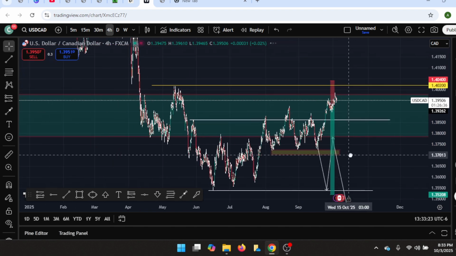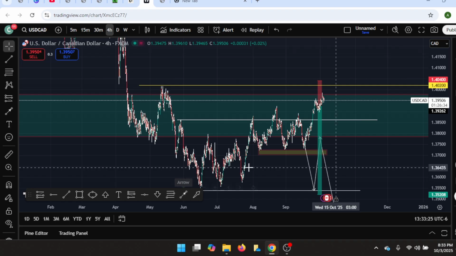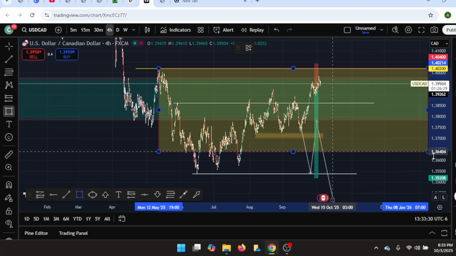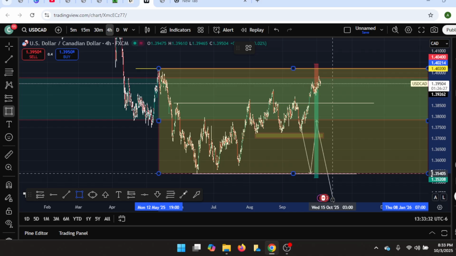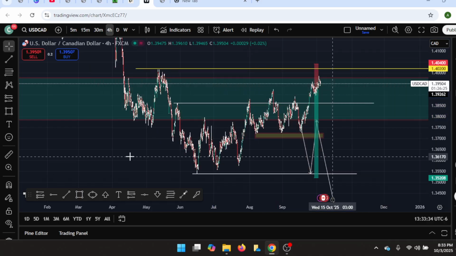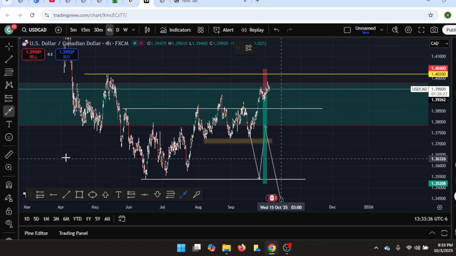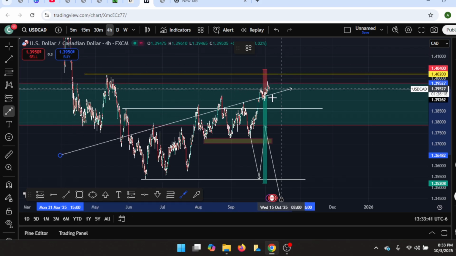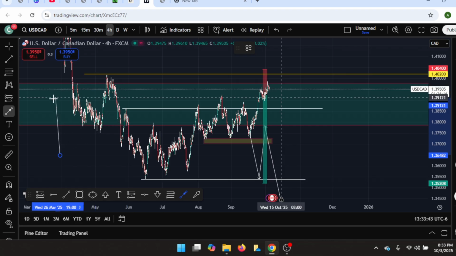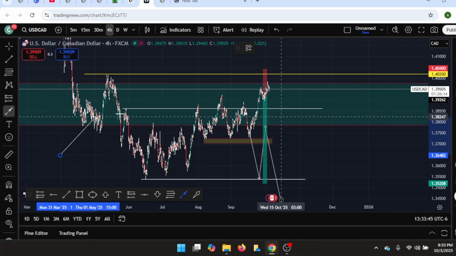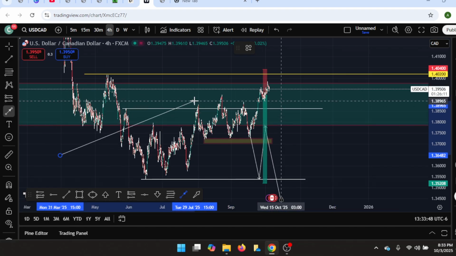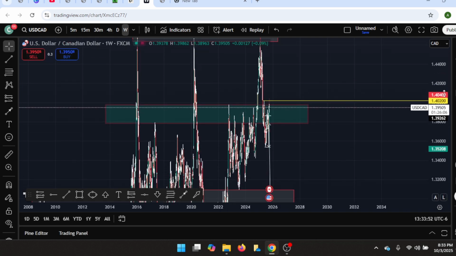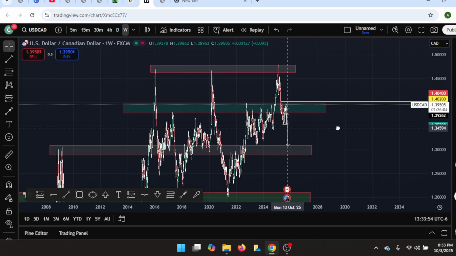Why? Because as long as this area is still maintained, I will still be looking for a sell until this is taken out. If it's not taken out, it's a good area for me to sell because of this swing, this key zone coming from the weekly time frame. Let's go to the weekly time frame and quickly see what is happening there. Can you see that? We have done some of this analysis in the past.